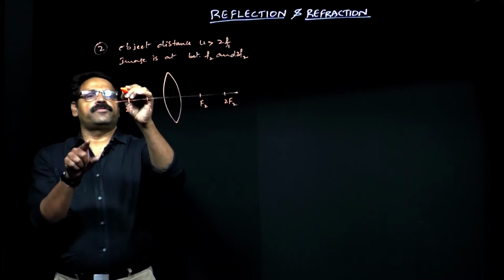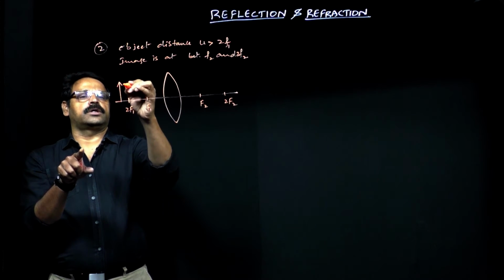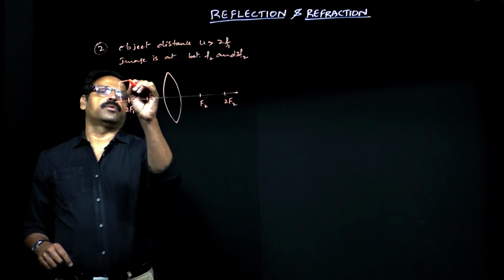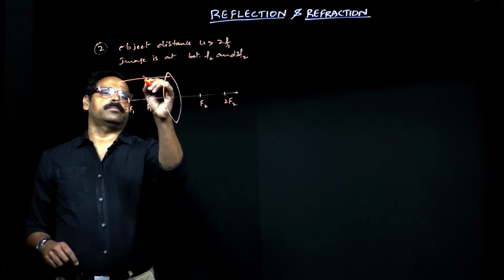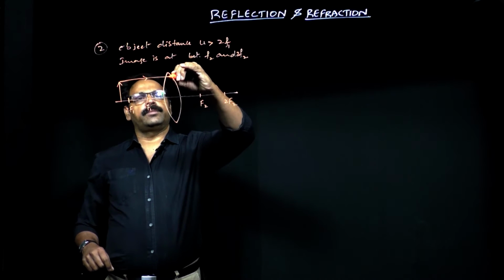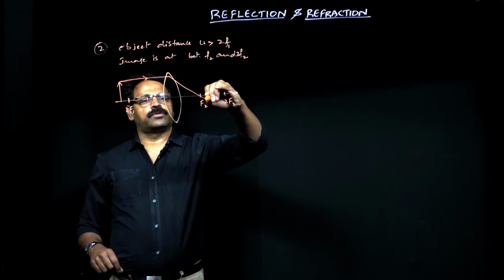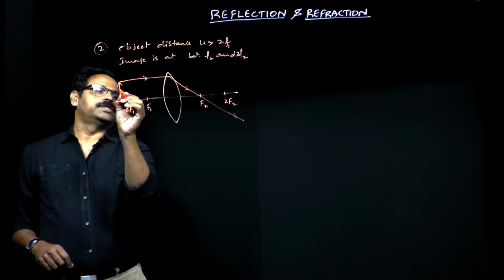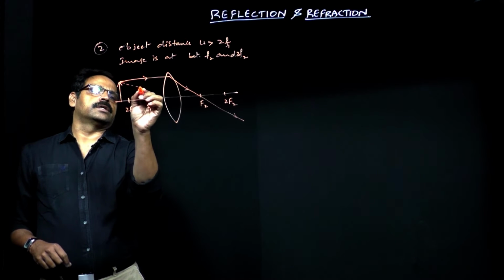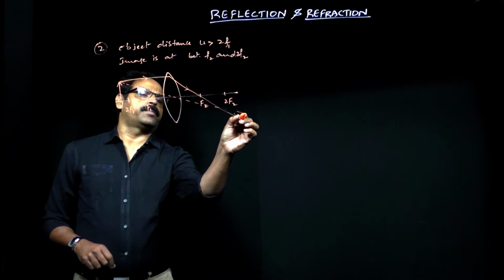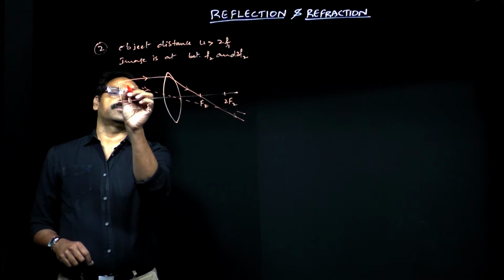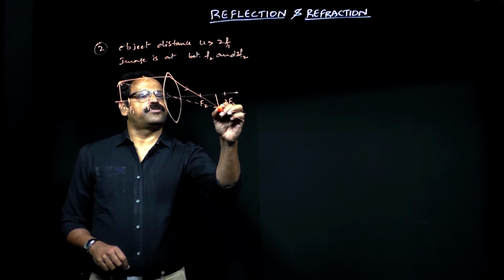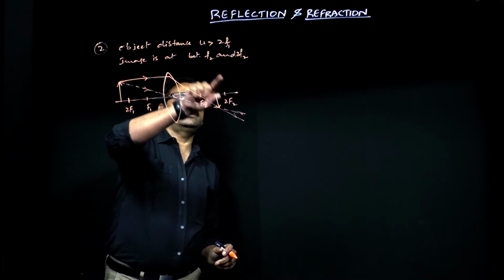If an object is placed here beyond 2f1, a parallel ray from the object will pass through the focus over here, and the ray passing through the center of the lens will go undeviated. So you get the image formed between f2 and 2f2.